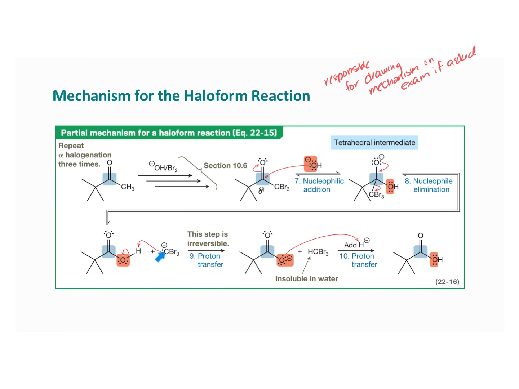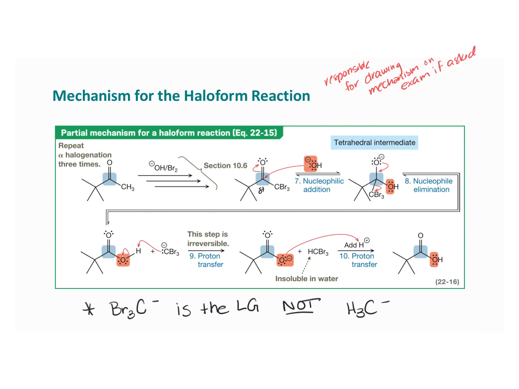Then we have a proton transfer where these electrons come out and grab that proton and pull it back, and then these electrons go onto the oxygen. That's the irreversible step. So notice a lot of these proton transfer steps that we're looking at are irreversible. Then these electrons, through the acid workup, come out and grab a proton from the acid, and now we have a carboxylic acid. So note that Br3C- is really the leaving group, not H3C-.